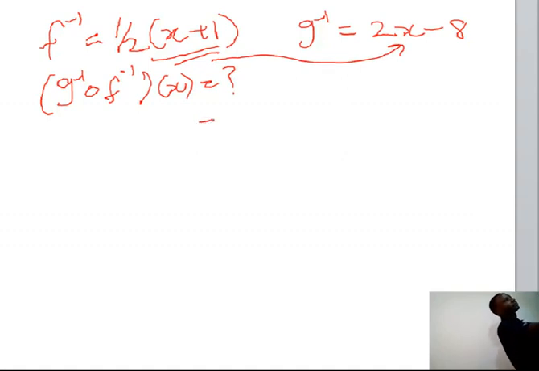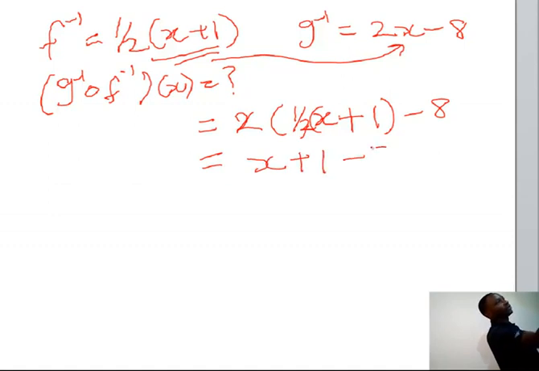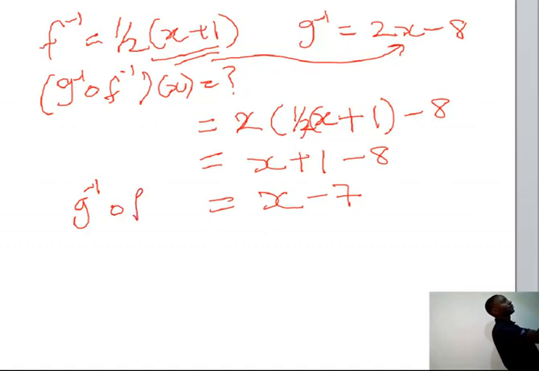So we are going to have 2 into 1/2 x plus 1 minus 8. So we are going to have this, we cancel this, we have x plus 1 minus 8 and our answer is going to be x minus 7. That's for g inverse compose f inverse of x.